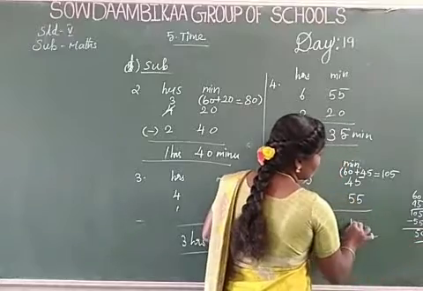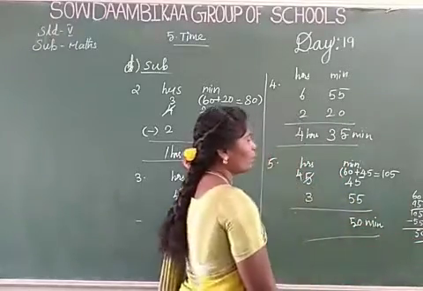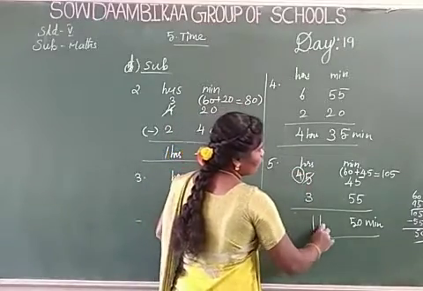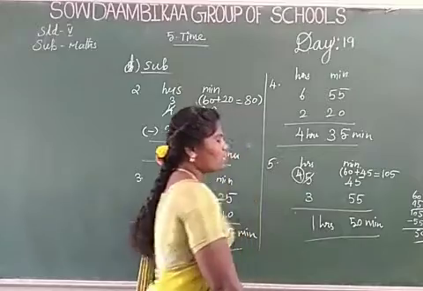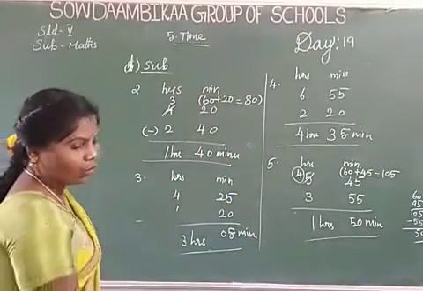So the answer is 50 minutes. Here 4 hours minus 3, 1 hour. So the answer is 1 hour 50 minutes. Okay, the subtraction is also over.